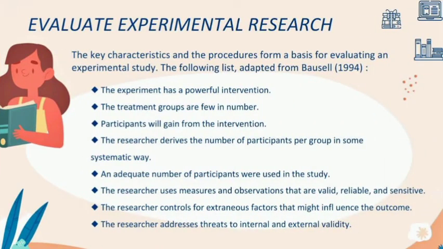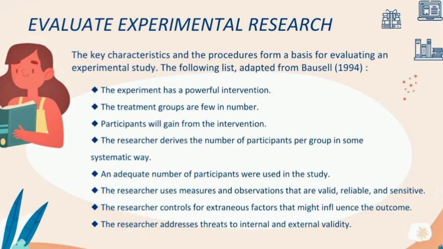And now, evaluate experimental research from Bosel, 1994. First, the experiment has a powerful intervention, and the second, the treatment groups are few in number, and then participants will gain from the intervention, and then the researcher derives the number of participants per group in some systematic way.